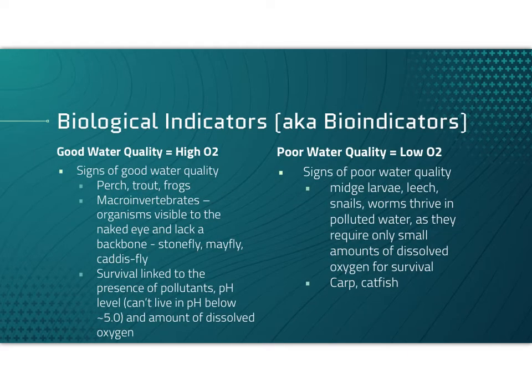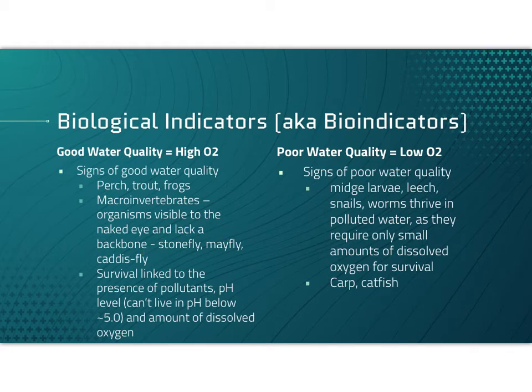Biological indicators are species that live in that environment. So when there's good water quality, we have a high dissolved oxygen level. With good water quality, there are signs that it's good in that there are fish and frogs, macroinvertebrates, which are organisms visible to the naked eye and lack a backbone, like the stonefly, mayfly, caddisfly.